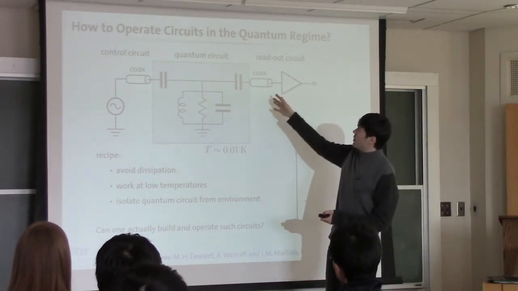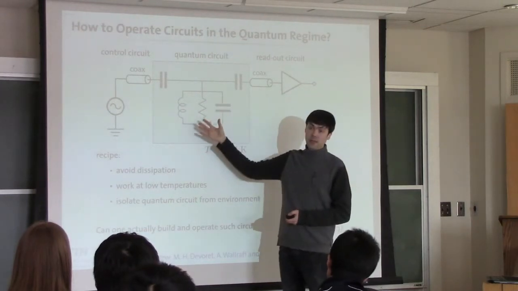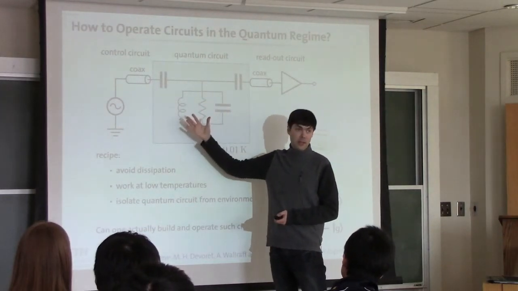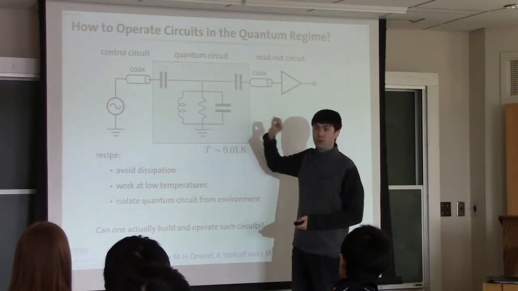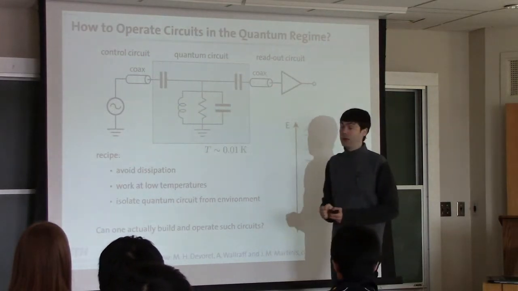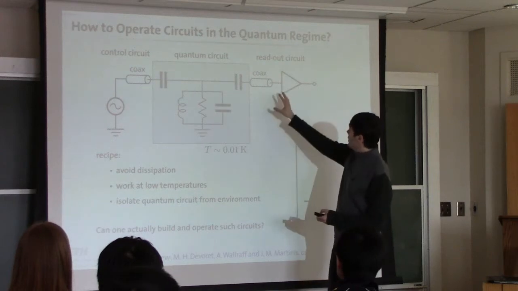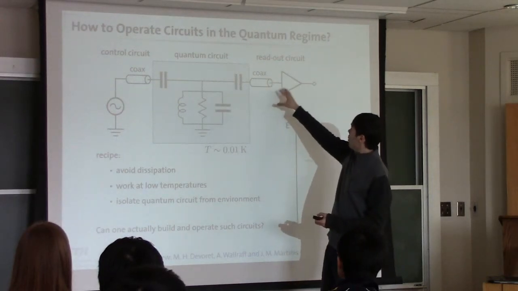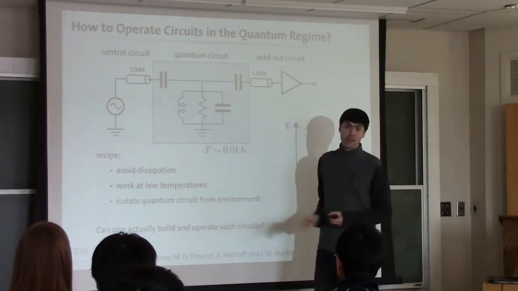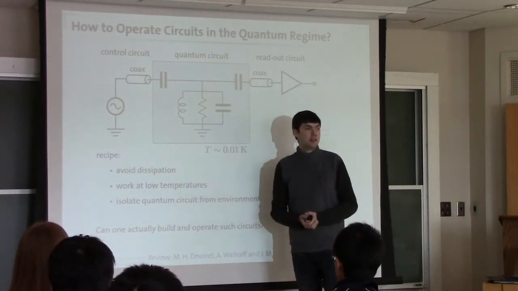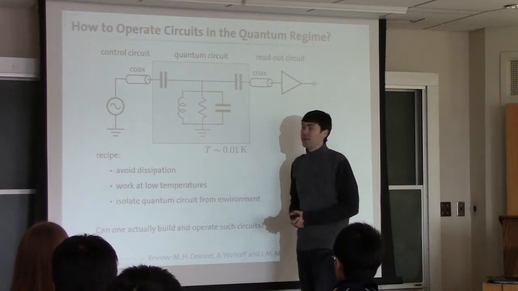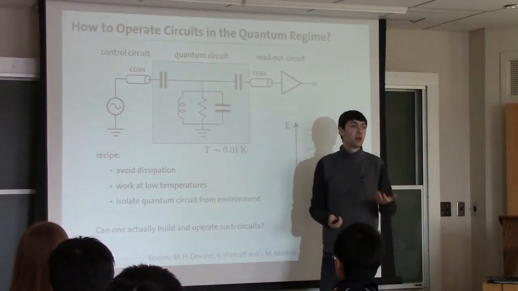You have to, of course, build circuits to interrogate this qubit and to control it, but they have to be coupled not too strongly, so as not to destroy the states that you're working with. And you can already see, because we have these coaxes and these capacitors here, that all the experiments done in the lab are high-frequency experiments in the microwave domain.